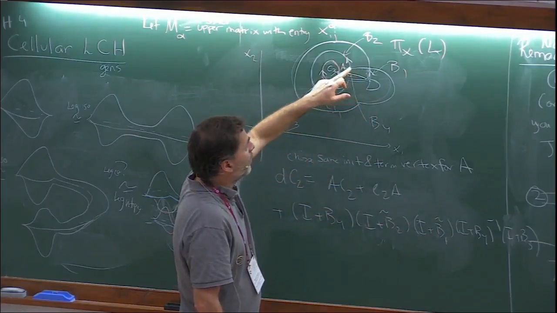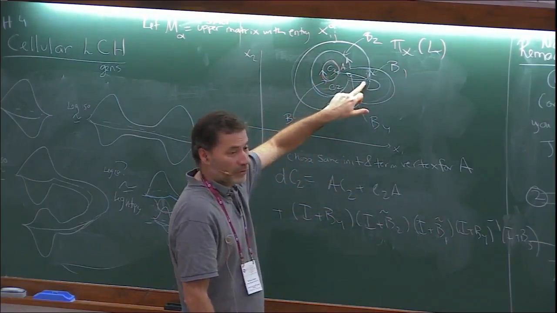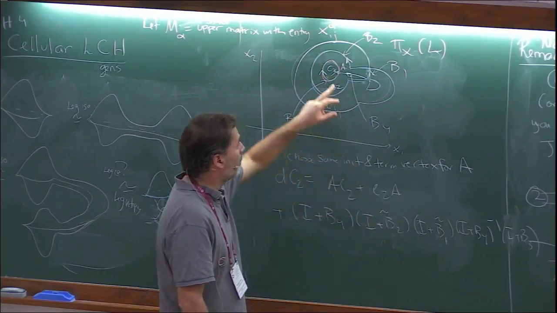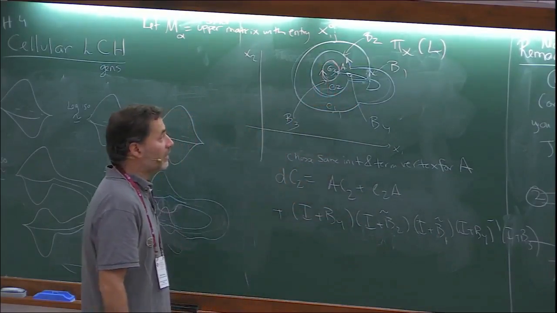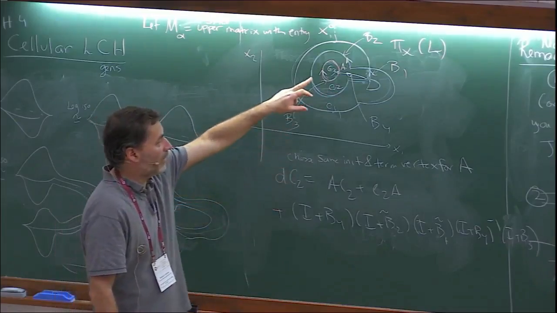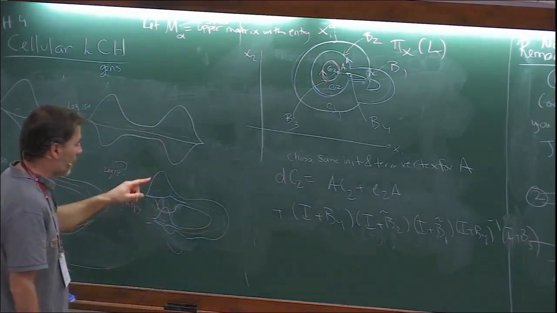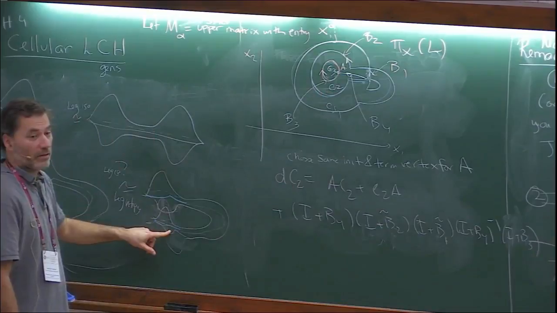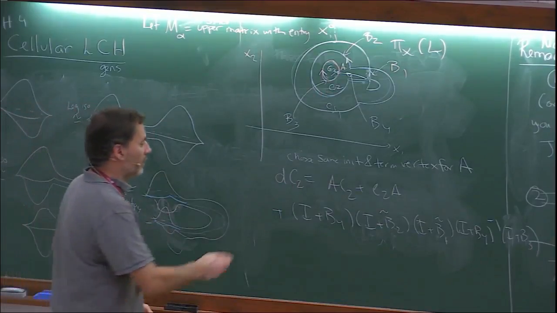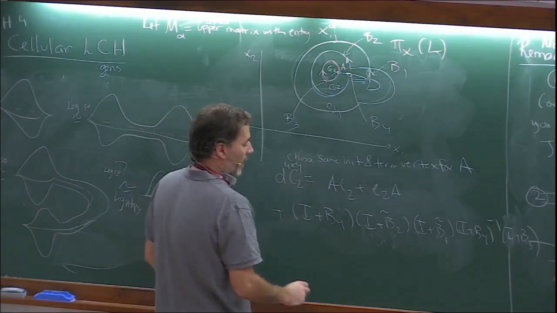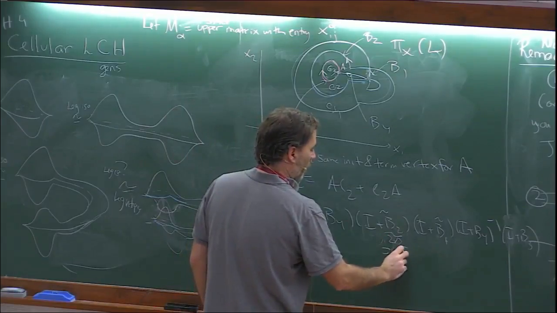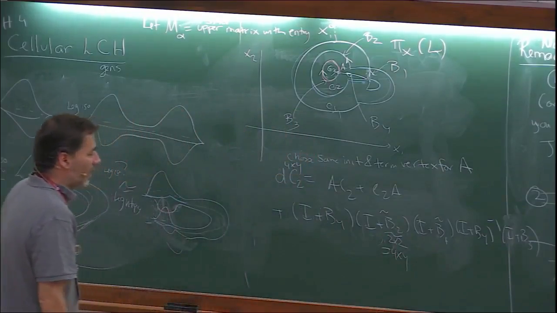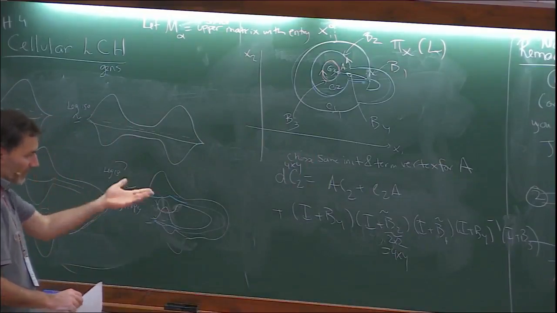Similarly with B2. B2 is also a 2 by 2 matrix, so I have to enlarge that. But B3 and B4 are the correct dimension. They're 4 by 4 matrices. C is a 4 by 4 matrix because there are 1, 2, 3, 4 sheets above the 0 cell. This is 4 by 4, and this is 2 by 2. Becomes 4 by 4.